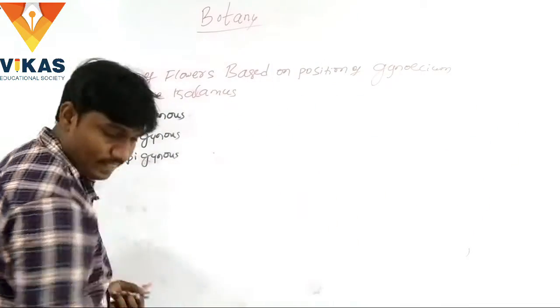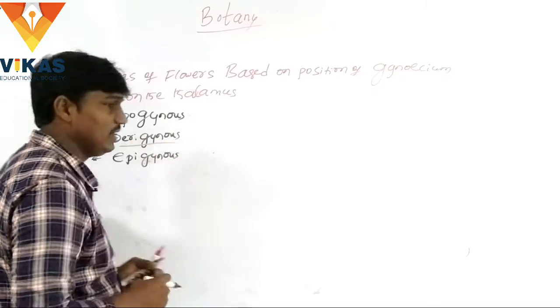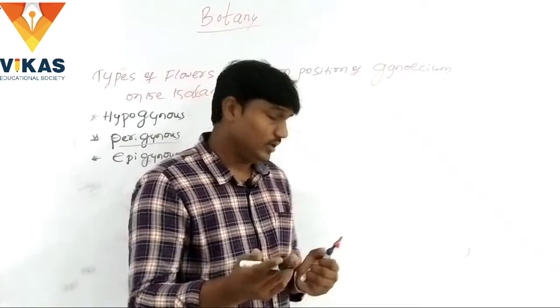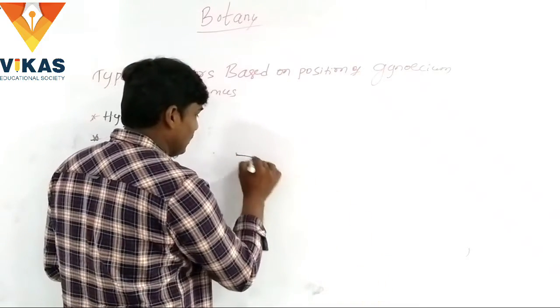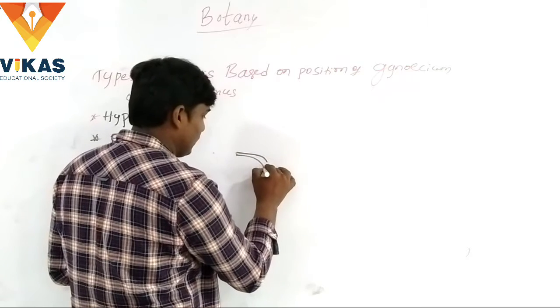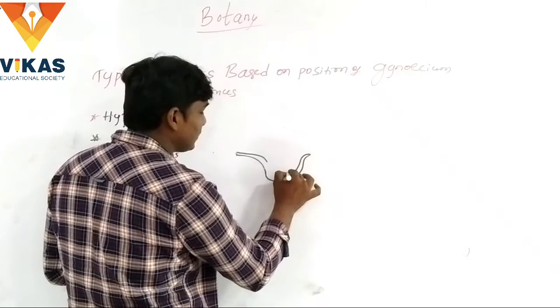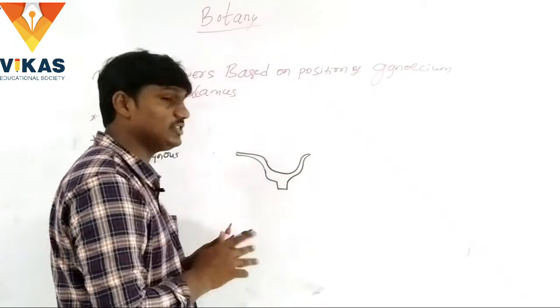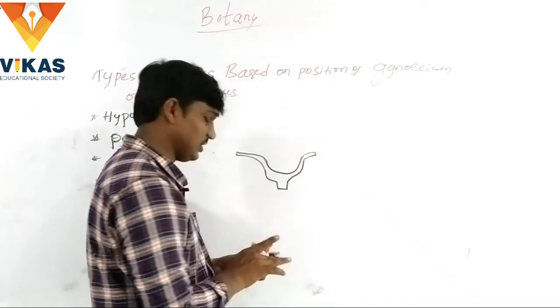What is perigynous? Here the thalamus is cup-like in structure. This is the thalamus, a cup-like structure.